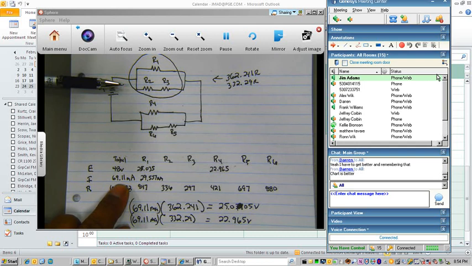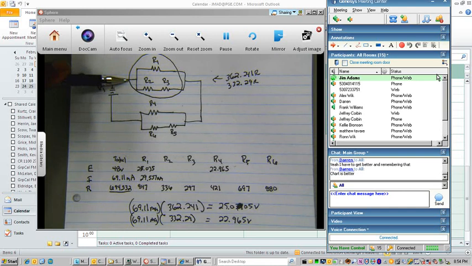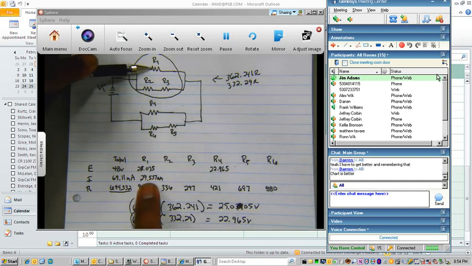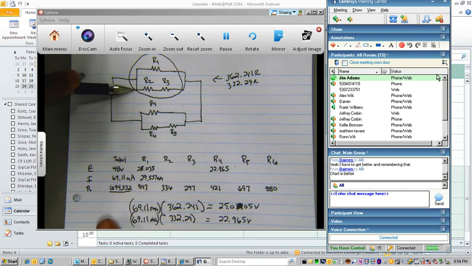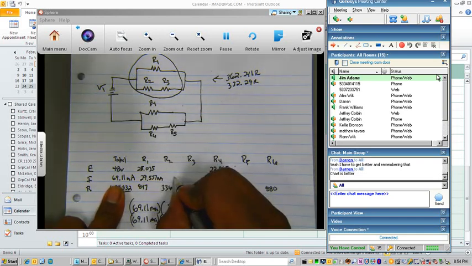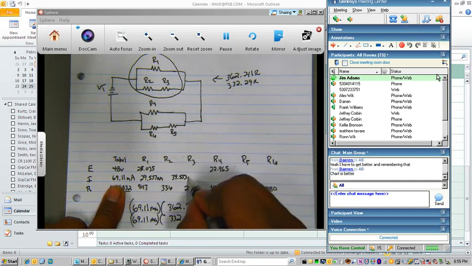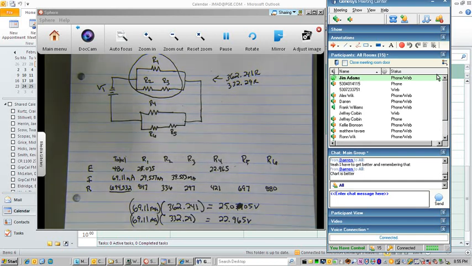So we start out with a total of 69 milliamps here, and 29.557 went through R1. So how much went through R2 and R3 together? Do you say together, Jim? I couldn't hear you.